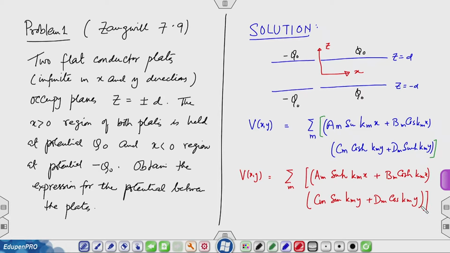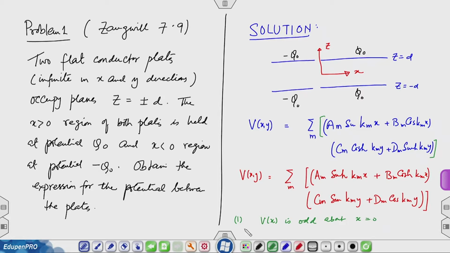Notice that in this problem, the potential is odd around x equals 0. Right? So, number 1, V is odd about x equals 0.